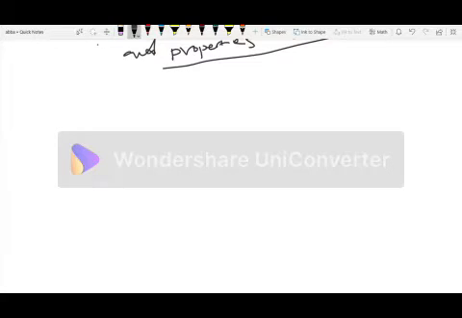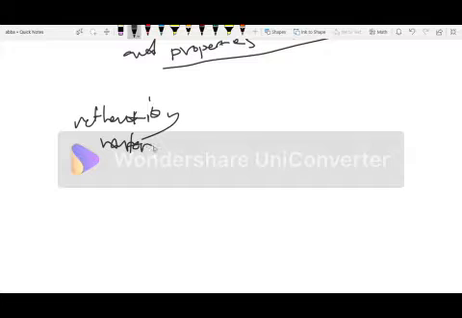And we're familiar with reflection, right? Refraction, right? And we are also familiar with diffraction, right? So we're going to combine all of these things into one and see how we can go about doing it.